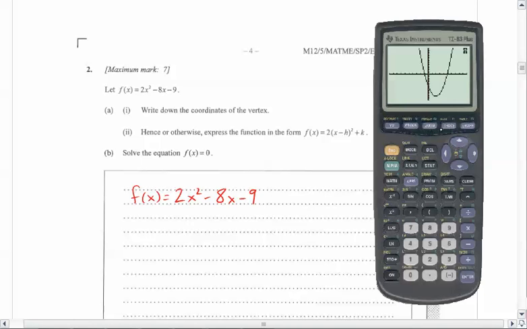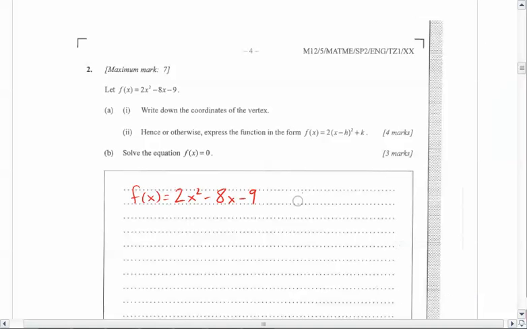So if I second calculate the minimum from a left bound to a right bound, then I get 2, negative 17. Okay, from the graph.